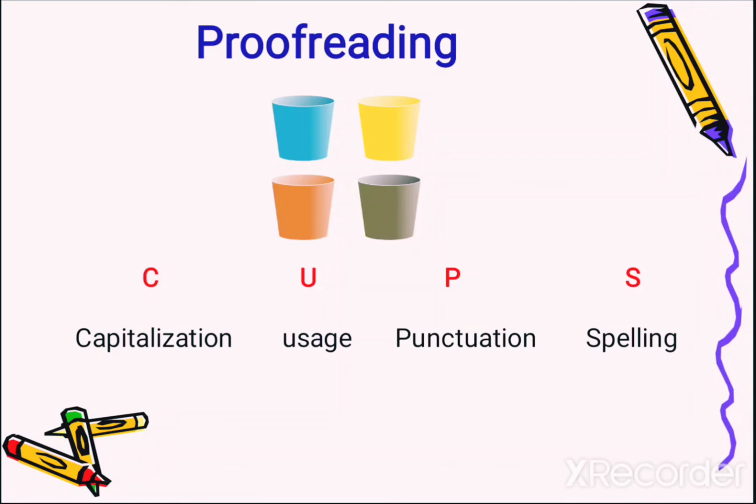P for punctuation and S for spelling, which I already told you. So keep in mind CUPS. ARMS means copy editing and CUPS means proofreading, for your easy understanding.